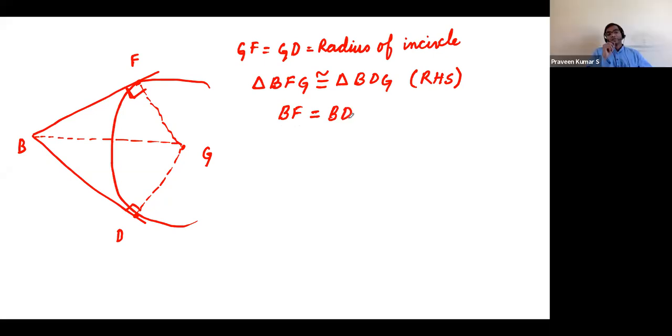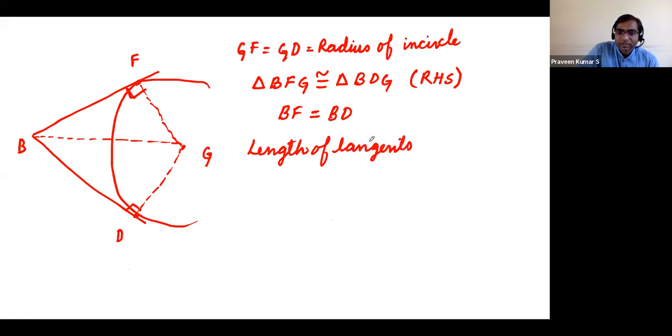Right? Now this particular statement, BF equals BD, you would have studied in a totally different context in circles, where you would have said that the lengths of tangents to a circle from an external point are equal.